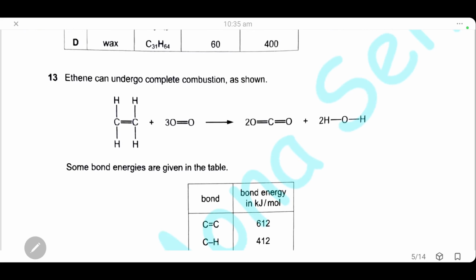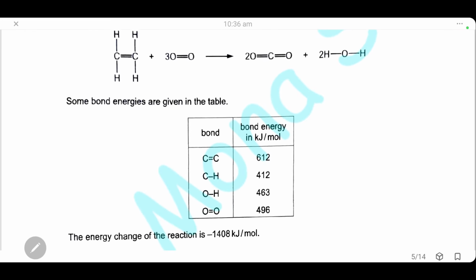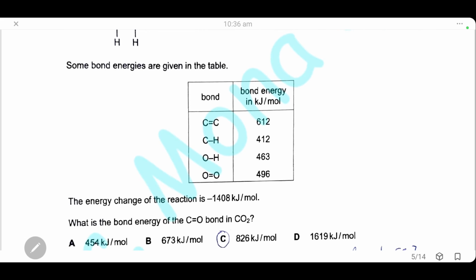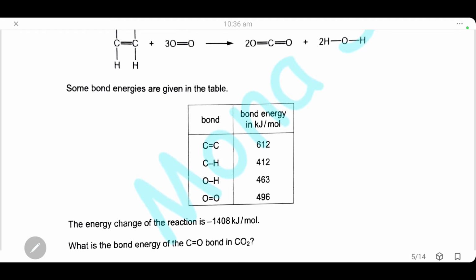Question 13. Ethene can undergo complete combustion as shown here. Some bond energies are shown in the table, and he already gave me the energy change of the reaction, which is minus 1408 kilojoules per mole. What is the bond energy of C double bond O in carbon dioxide?